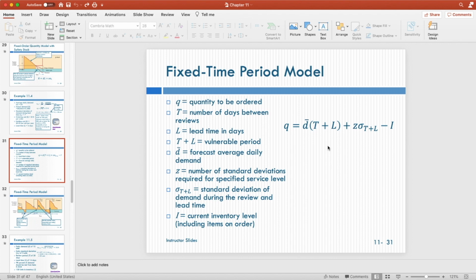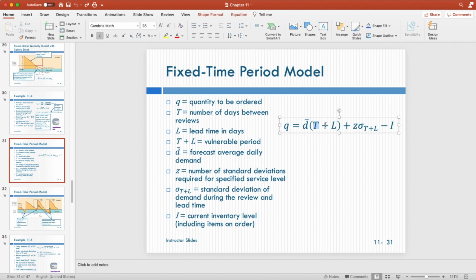So in order to mitigate all the risk of running out, in the days between review periods or in the transit period, you have to consider all those times.